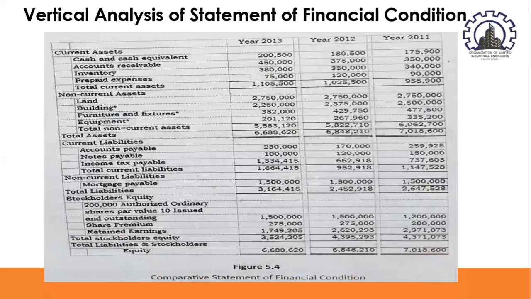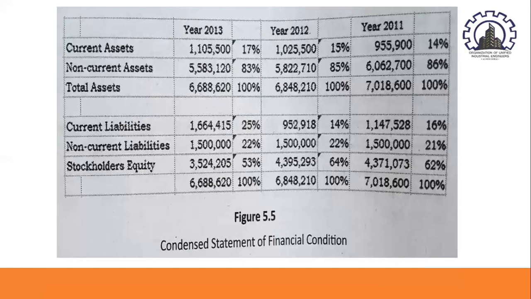Just like with the income statement presented previously, the accounts presentation in figure 5.5 were restructured for easy computation of ratios, so it will be easy for us to calculate financial ratios.